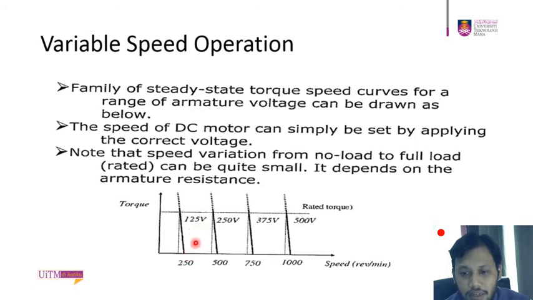For 250 RPM, you have 125 volts, and for 750 RPM, the requirement is 375 volts, for example. All of these are within the rated torque.